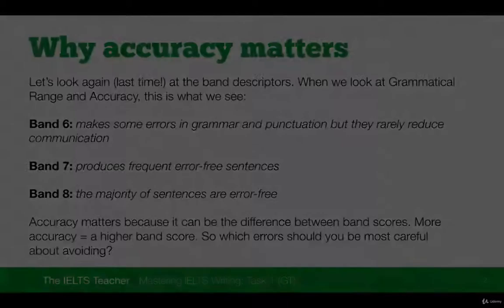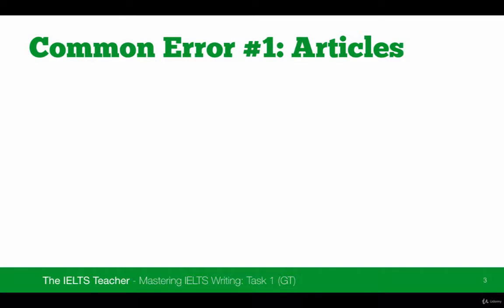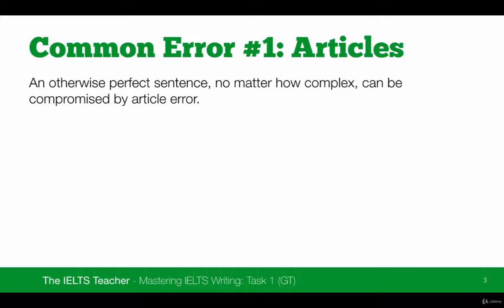Let's get started by looking at the first common grammar error, which is article usage. The, a, an, and the zero article as well. Now have a look at this sentence here. An otherwise perfect sentence, no matter how complex, can be compromised by article error. Now, it's a perfect example. This is not error-free, almost error-free, but not error-free for the reason that it's missing an indefinite article, an.